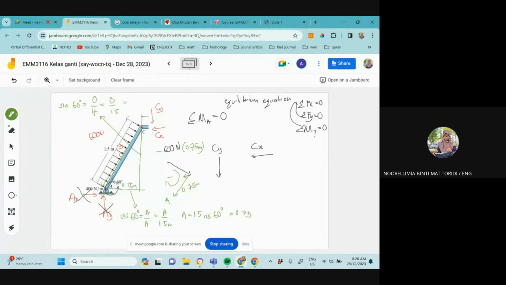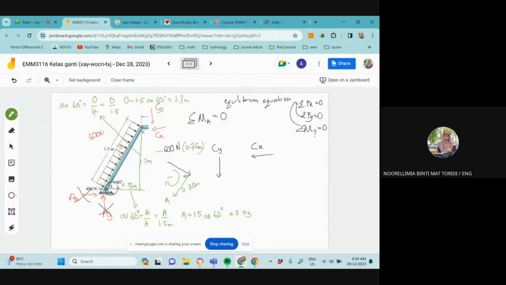Okay, then opposite will be equal to 1.5 sine 60, which is equal to 1.3. 1.3 meter.